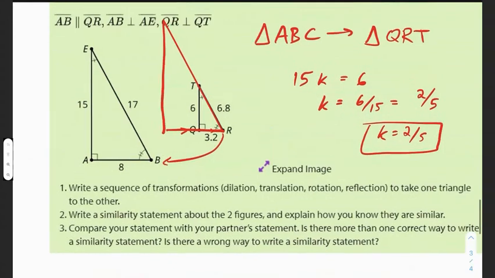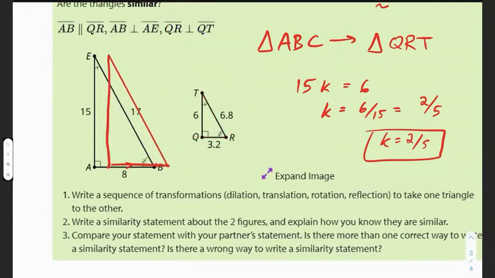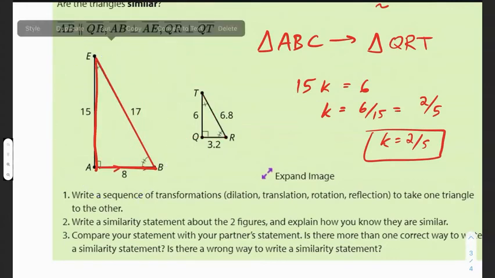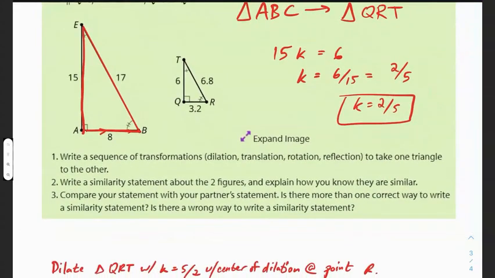Okay, what is that going to look like? That'll look like this. And there you go. So that would be a sequence from one to the other, okay, which proves that these two triangles are similar, okay.